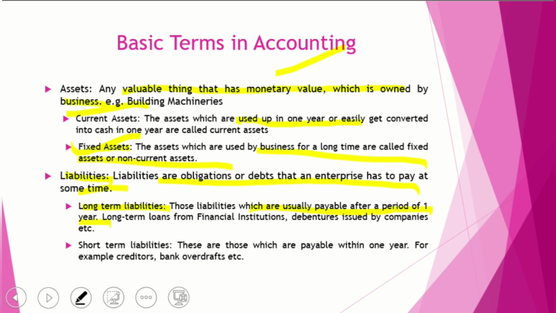These are not settled within 1 year but take more than 1 year, like a bank loan or loans from financial institutions. Next, short term or current liabilities are payable within 1 year, like our creditors and bank overdrafts.